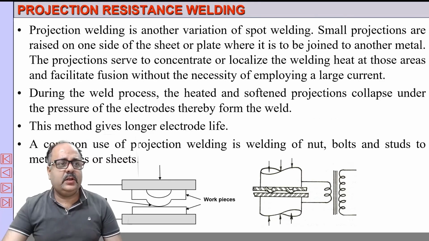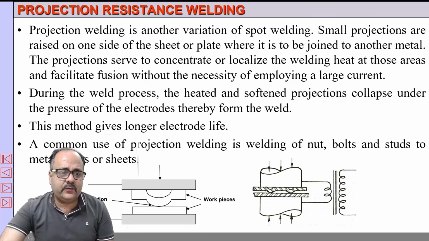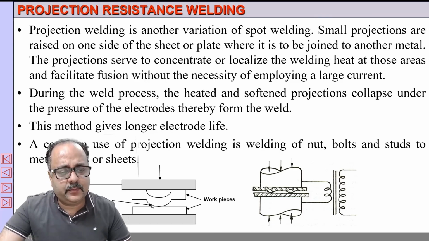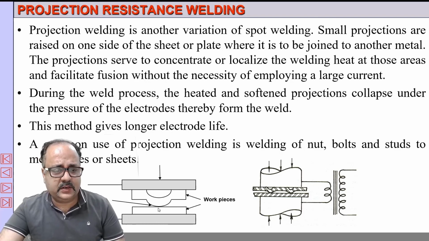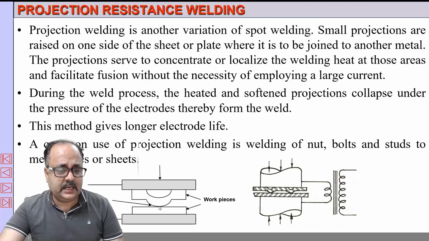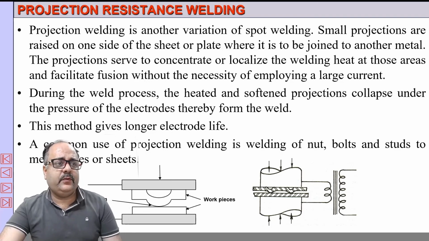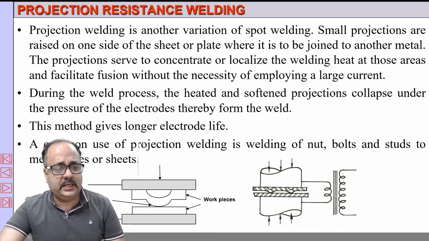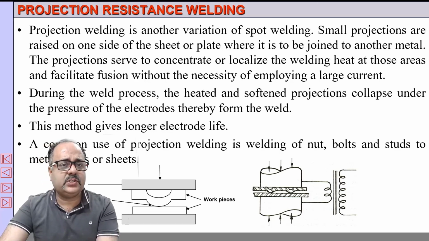Okay, the last one is projection welding. It's very interesting. First, in one of these sheets you make a projection here, bring it in contact with the workpiece, and then you pass the electrical current, and because of the current the projection will collapse and form a joint. Again, because of resistance heating, this type of joining of metal pieces is called projection resistance welding.